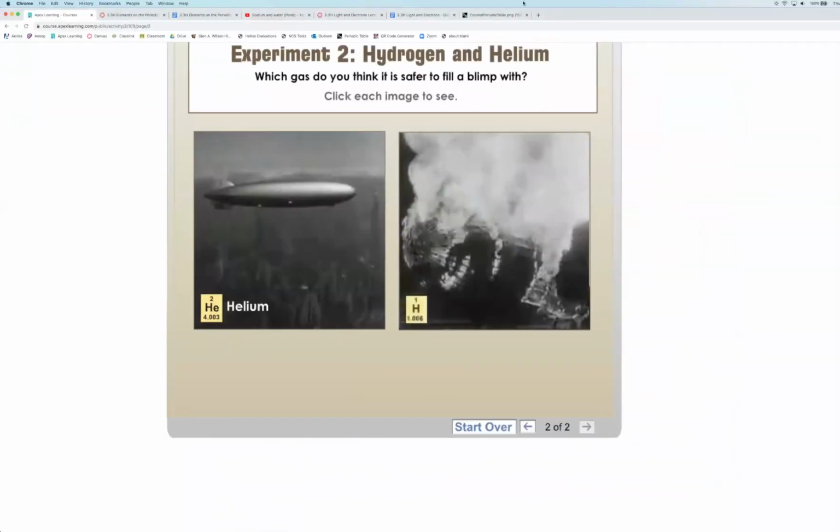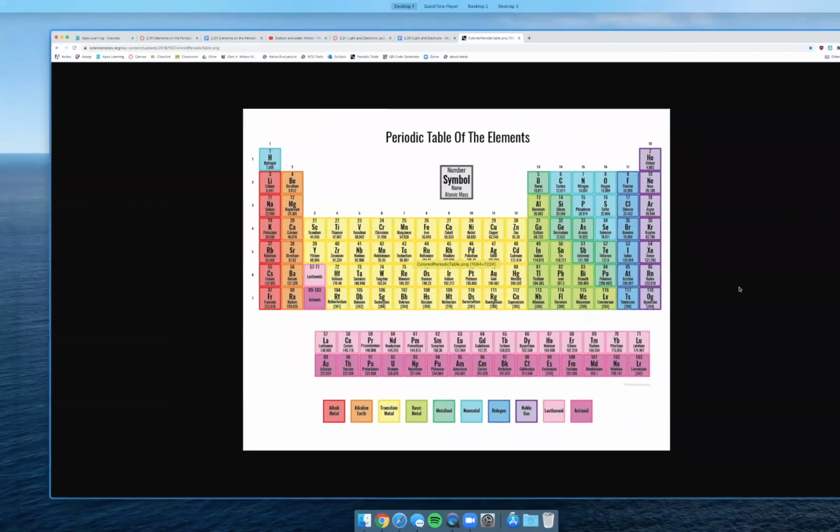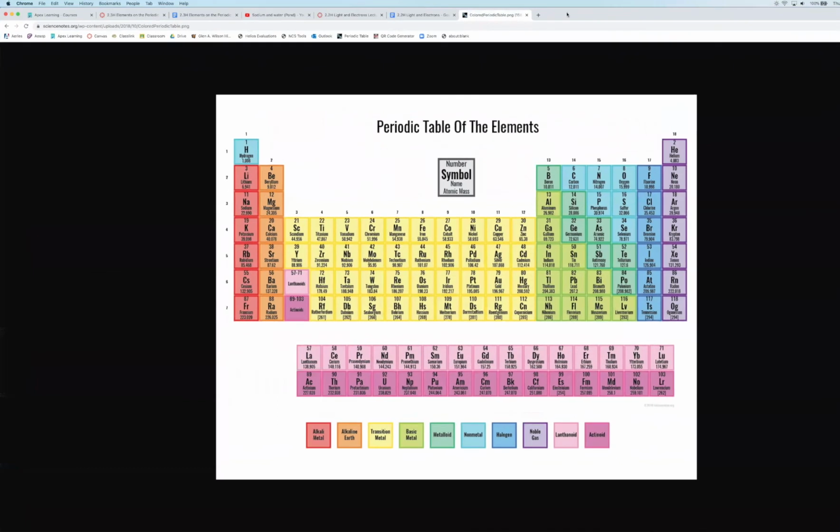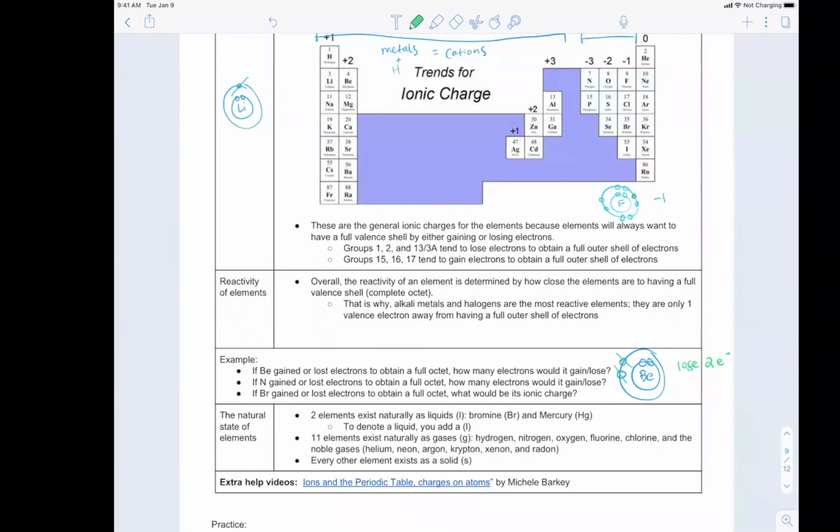Okay, and then I'm gonna actually show you the periodic table because it's kind of hard to do it without that. Okay, so let's finish this up.